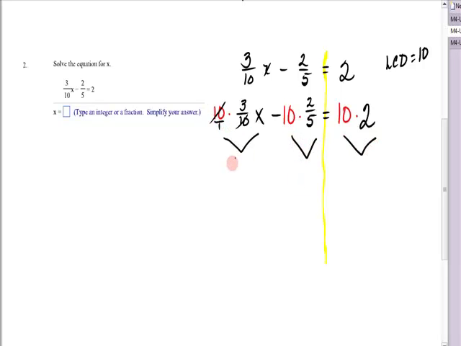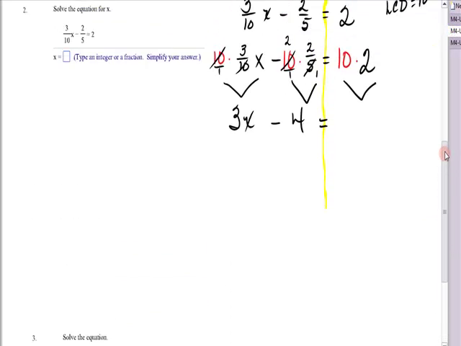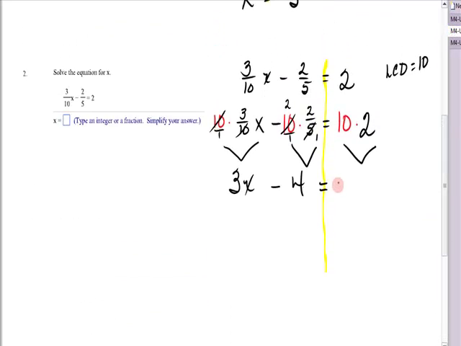Those 10s divide out, and I'm left with 3x. In the next one, 5 goes in there 2 times, and I'm left with 2 times 2, or 4, minus 4. Equal sign. There's no need to put this 10 over 1 because I'm multiplying by an integer. That gives me 20.